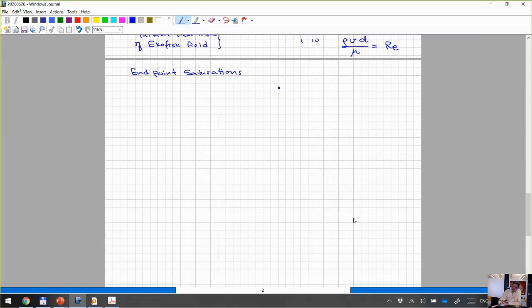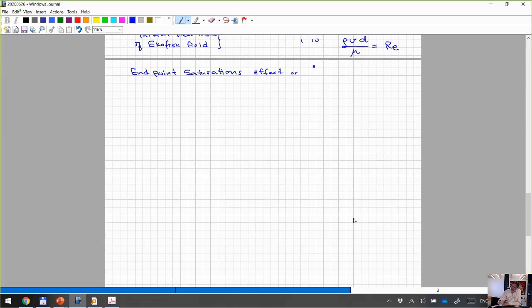This endpoint saturation's effect on the relationship of KRG to the ratio KRG, KRO.